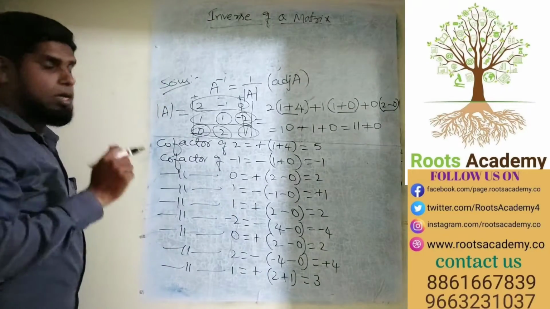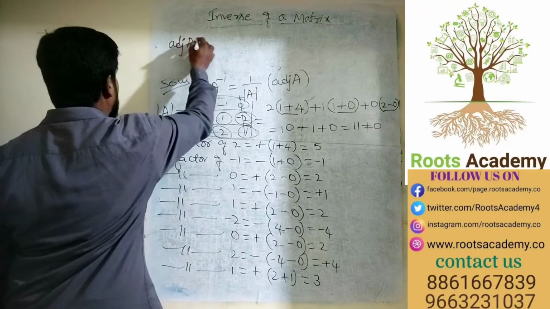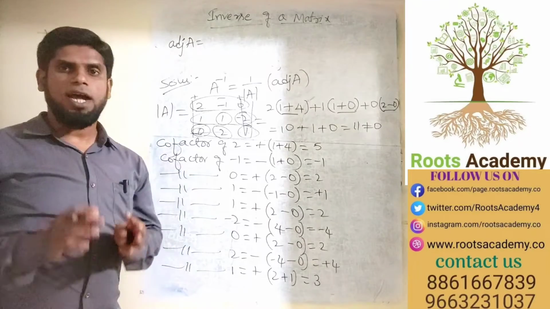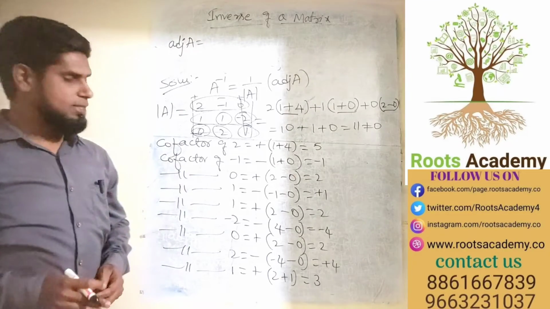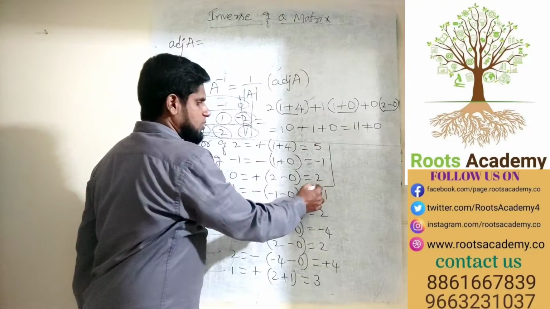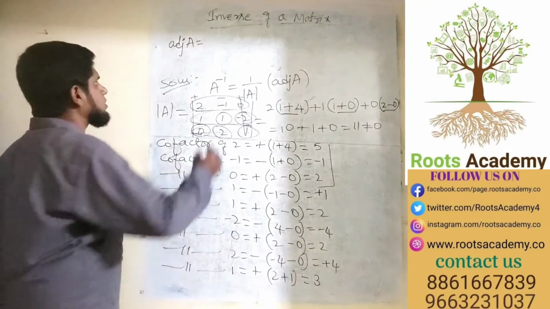So student, adjoint matrix is adjoint of A. As I said, the definition of adjoint is the transpose of the cofactor matrix. So what I will do, I will take the first 3 cofactors in the first column in my adjoint matrix.